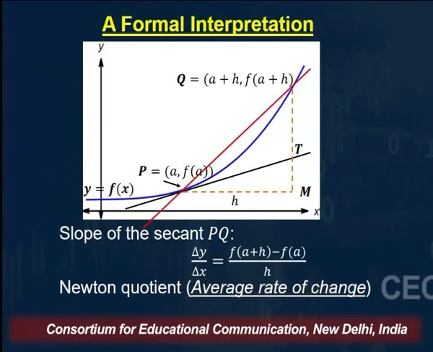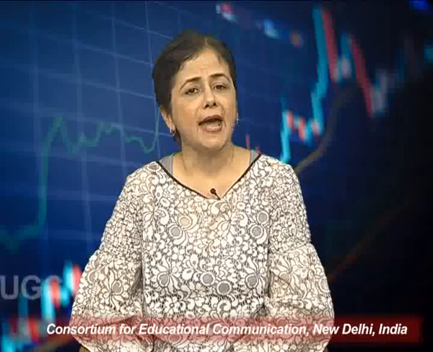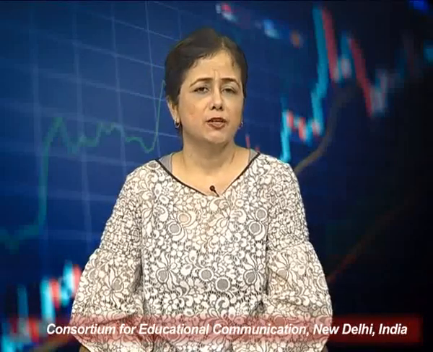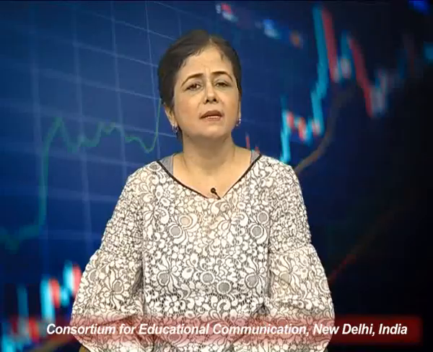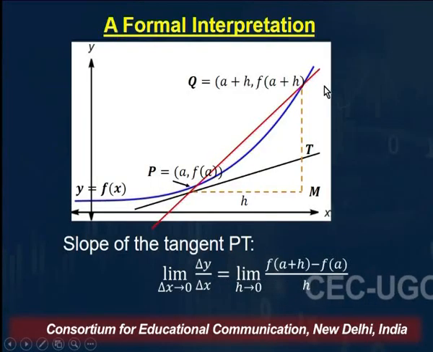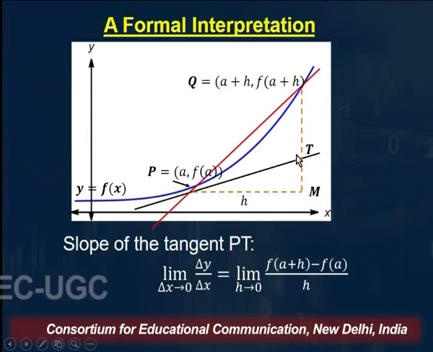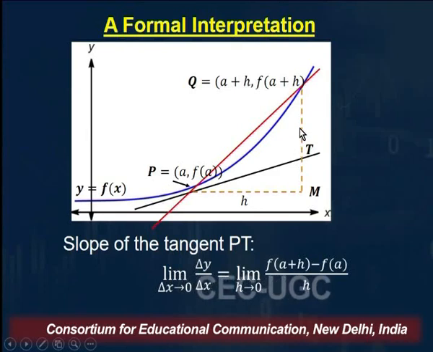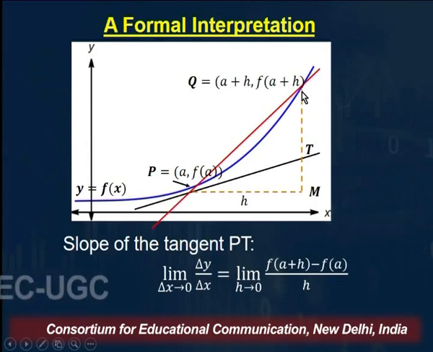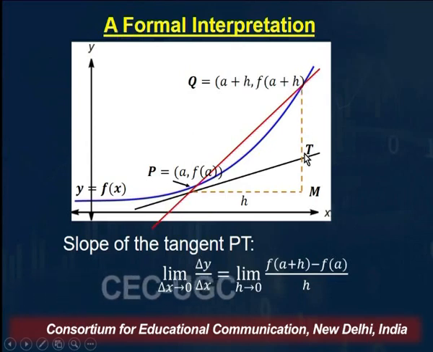Okay. Now, what is the slope of the tangent PT? So, as I've just mentioned, the tangent PT is nothing but this secant PQ becoming, in the limit, the same as the tangent, right? So, how we are conceptualizing this is that if I take the slope of the secant PQ and let h tend to 0, automatically I will approach the tangent.